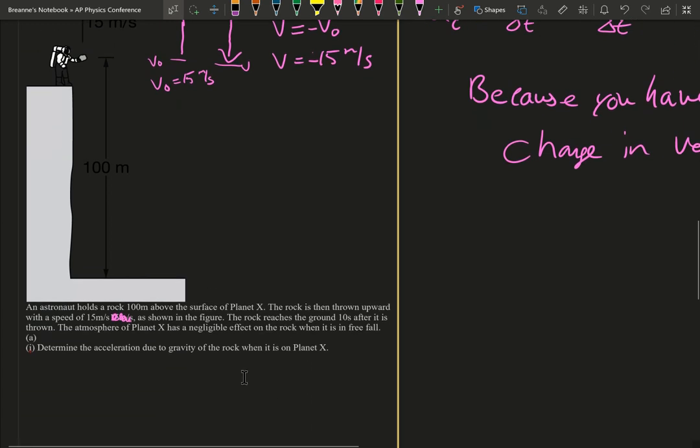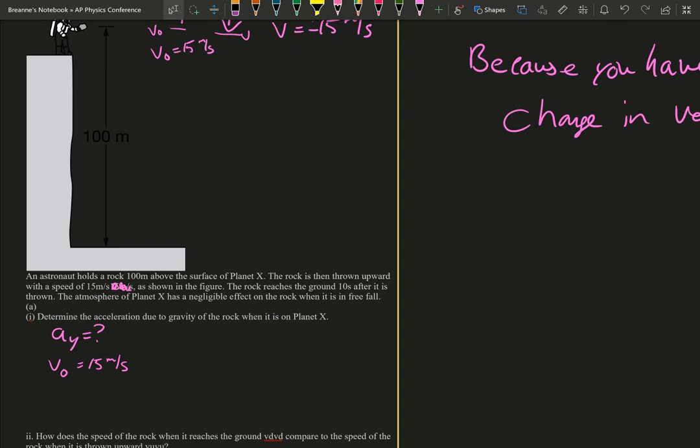Determine the acceleration due to gravity of the rock when it's on planet X. So we're looking for a_y. We know our initial velocity is 15 meters per second. We actually know our final velocity during that little part, but it says the rock reaches the ground in 10 seconds, so we don't know our final velocity for the whole 10 seconds.